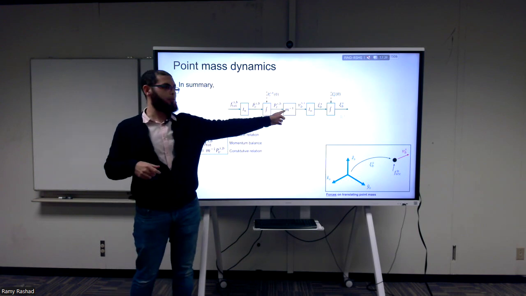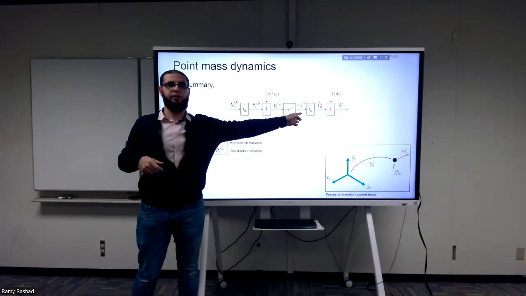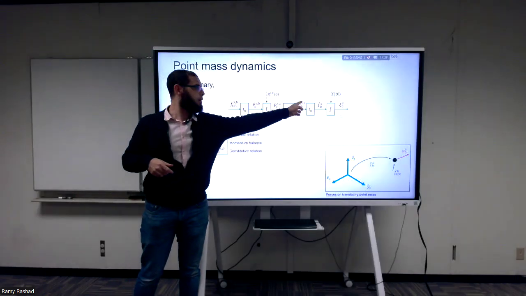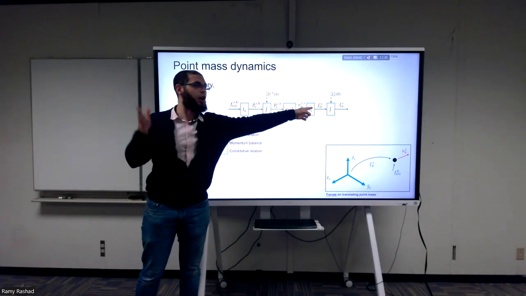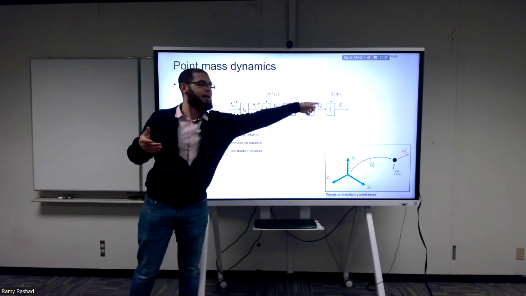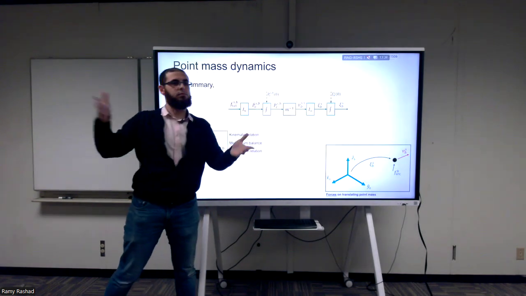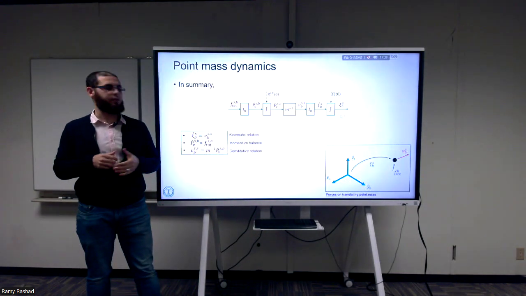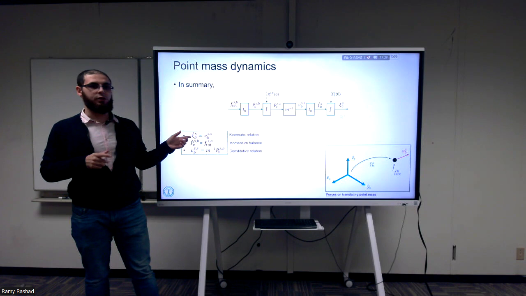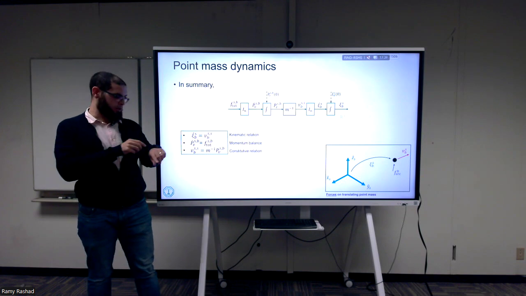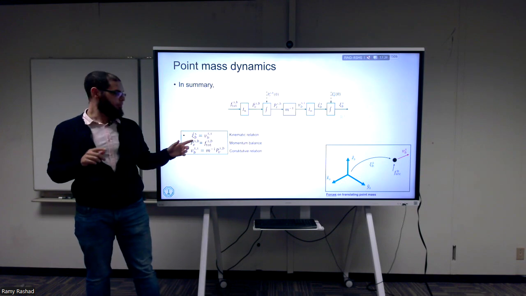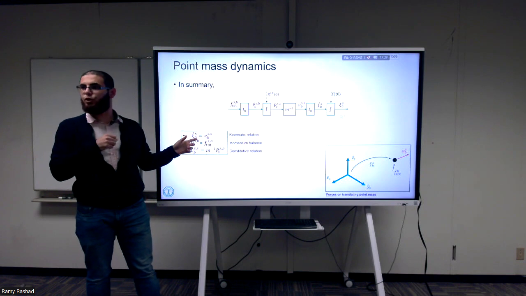Then I multiply the momentum by m inverse, I get the velocity. I multiply the velocity by identity, I get the rate of change of the position. Then I integrate the position again, given the initial condition, and I can get the position as a function of time. The first equation, the rate of change of the position equal to the velocity, is the kinematic relation between velocity and position.